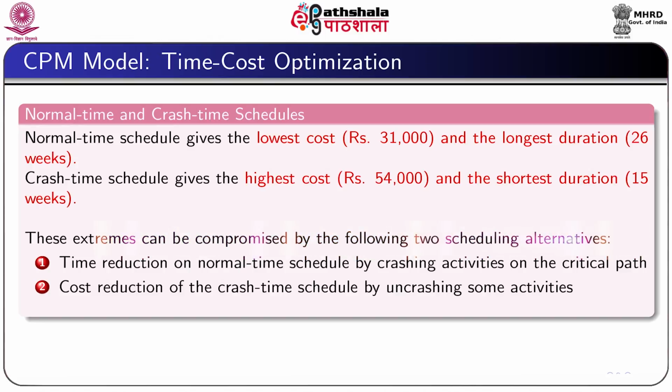These extremes can be compromised into other scheduling alternatives. First one is time reduction in normal time schedule by crashing activities on the critical path, and number 2, cost reduction of the crash time schedule by uncrashing some activities.